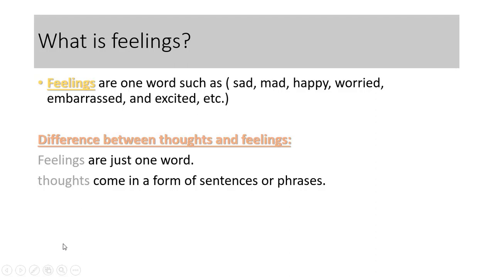It means it's the hardest skill when you teach your clients the difference, because most clients don't know it. As I said, they say "I feel that people hate me," but it means he thinks that people hate him. This is differentiating between thoughts and feelings.